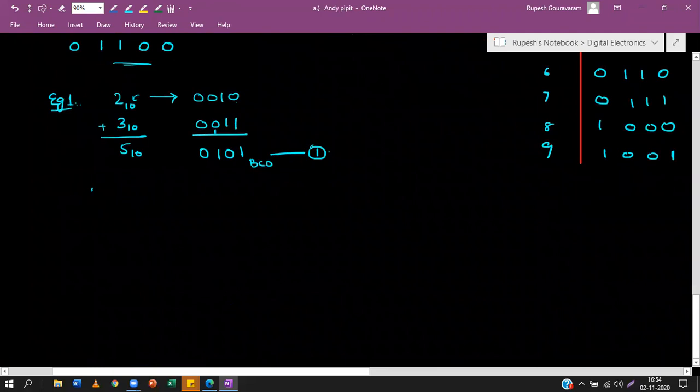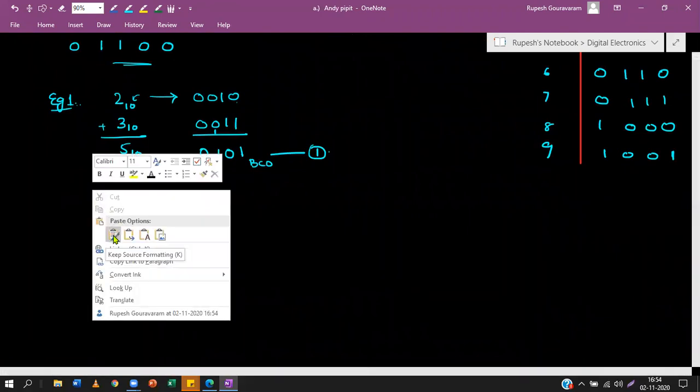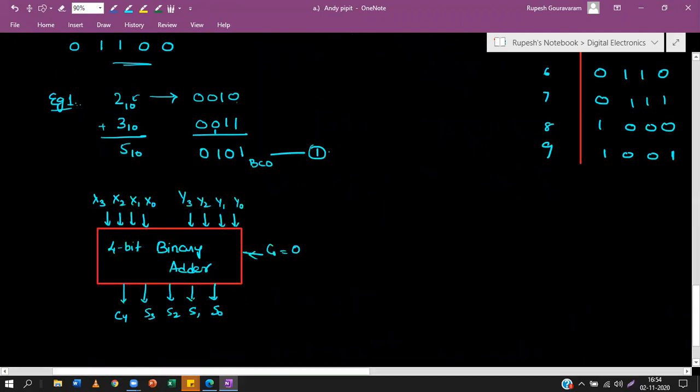Here, let us input the same binary numbers.